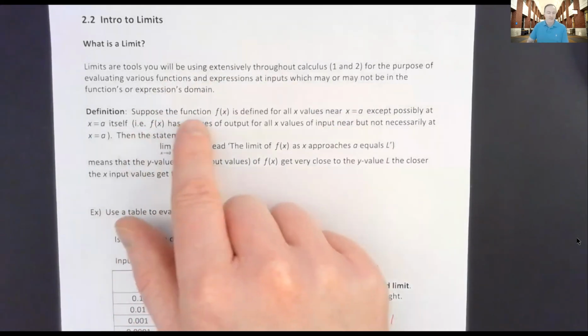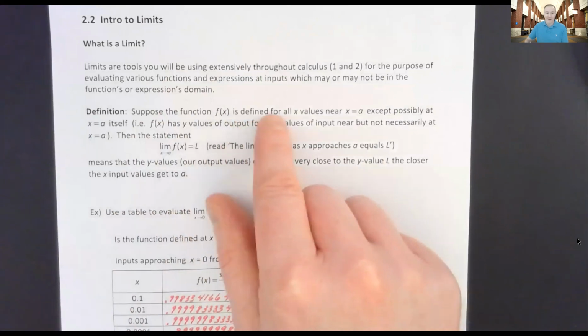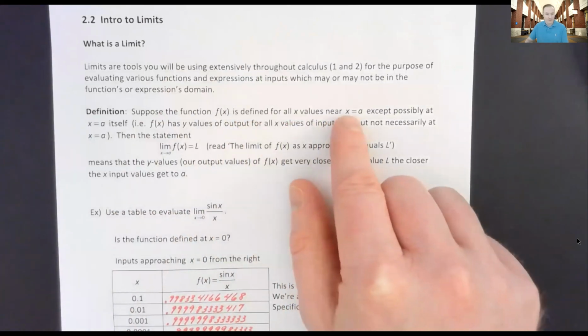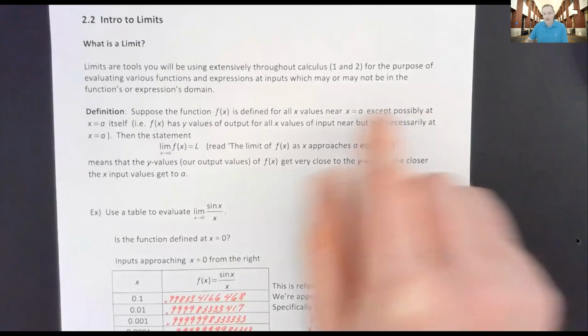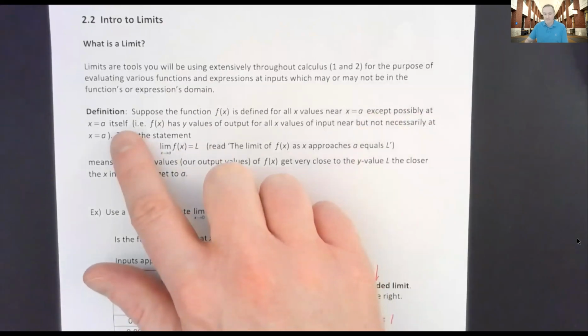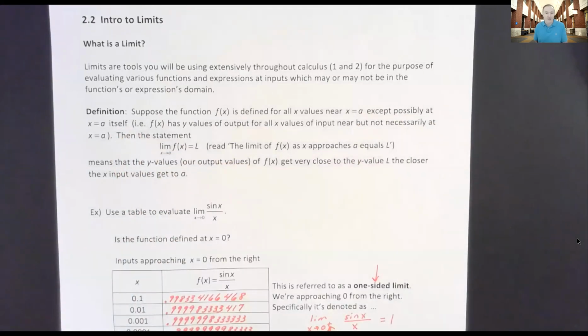It just says, suppose that a function f of x is defined for all x near a value of x equals a, except possibly at x equals a itself. So in other words, all I'm saying is that the function has y values for every x value, except possibly at the point where you're trying to find the limit, at x equals a itself.